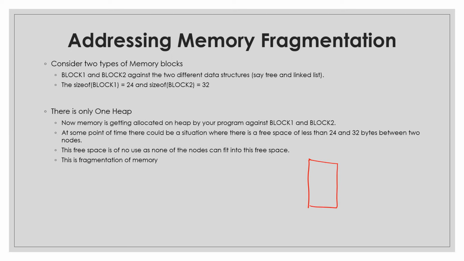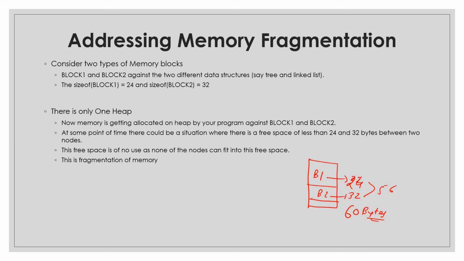Suppose you have 60 bytes of space. B1, or block 1, takes 24 and B2 takes 32, so the total becomes 56. Suppose you had 60 bytes of space on your heap.